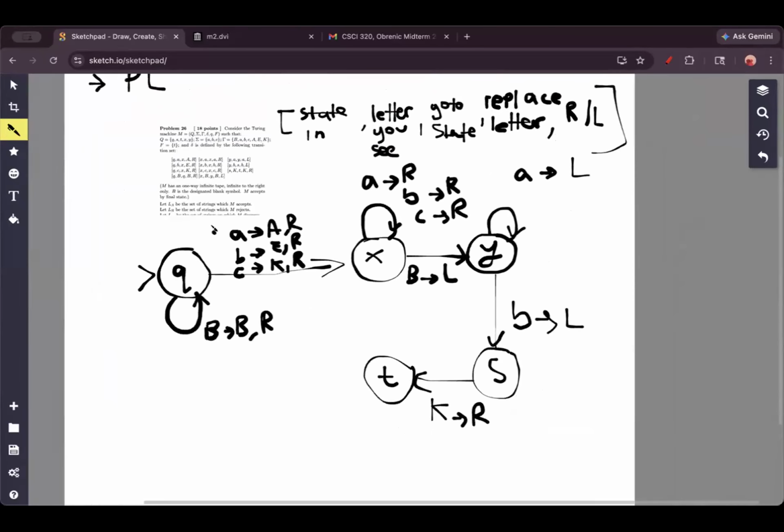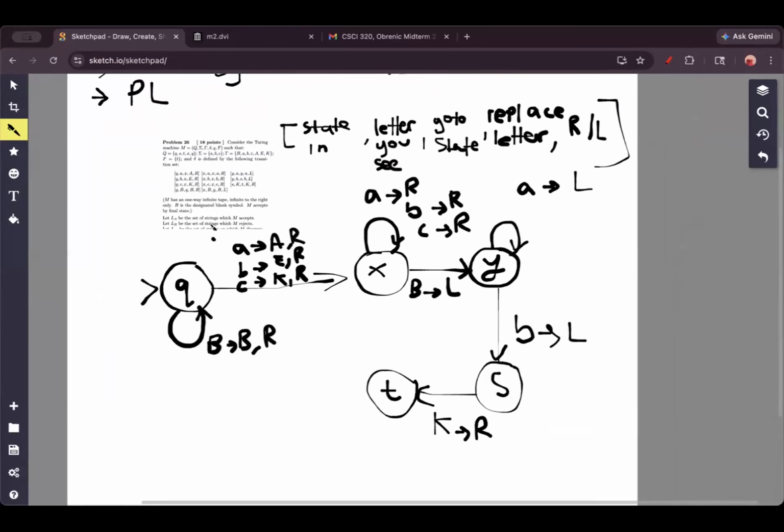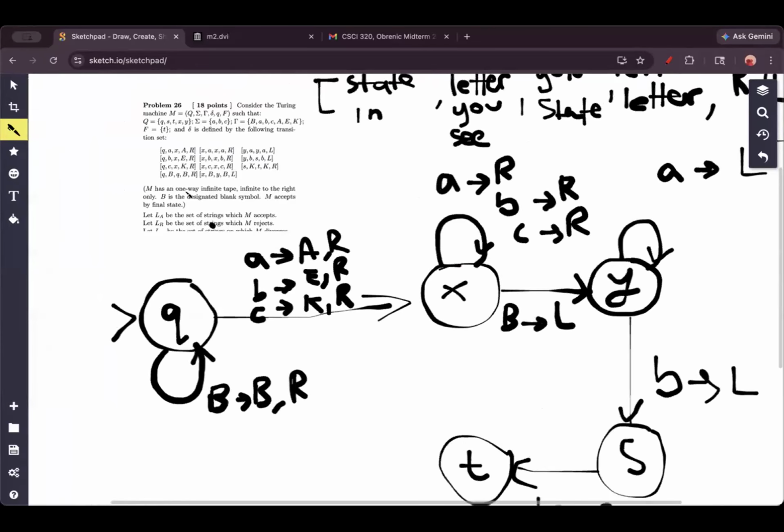Okay, so let's get writing the regex. Oh, I never mentioned these. This is the machine, right?